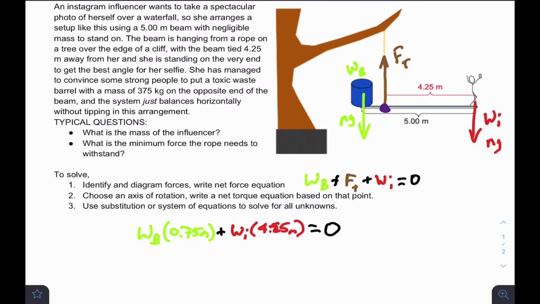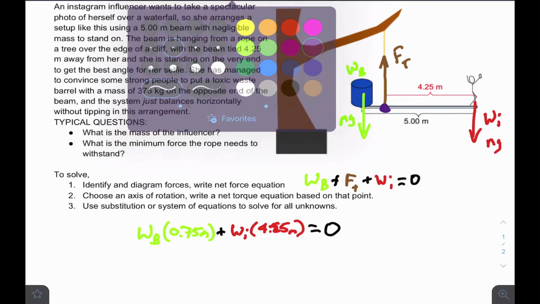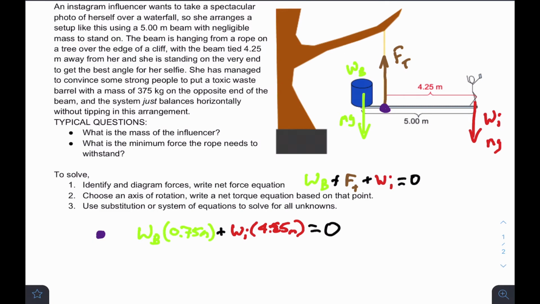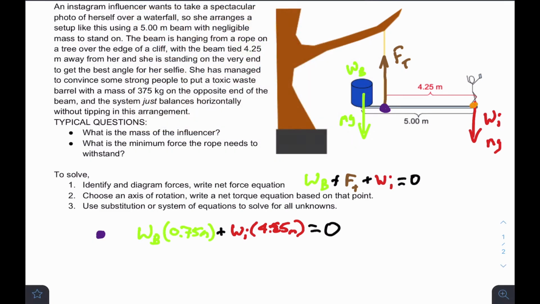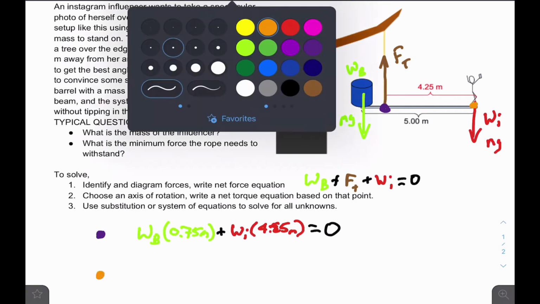Now, that's for this pivot point. If I had made the influencer the pivot point, I could write an equation like this.